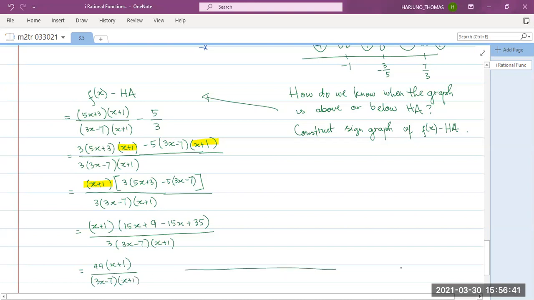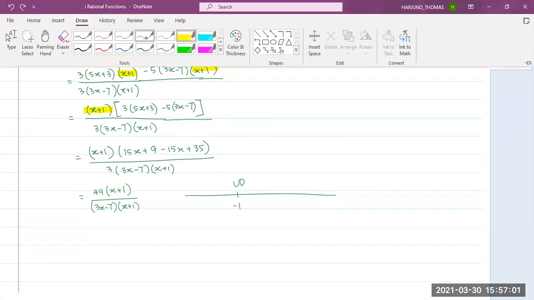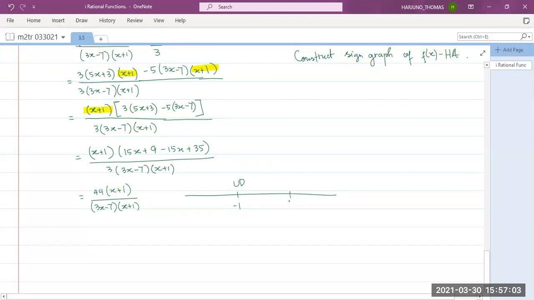So from there you see the critical numbers are x equals -1 will give us undefined, right? And notice that x equals -1 is a 0 with multiplicity of 2, 1 on the top, 1 at the bottom. And we have another critical number, x equals 7/3, that will give us undefined.